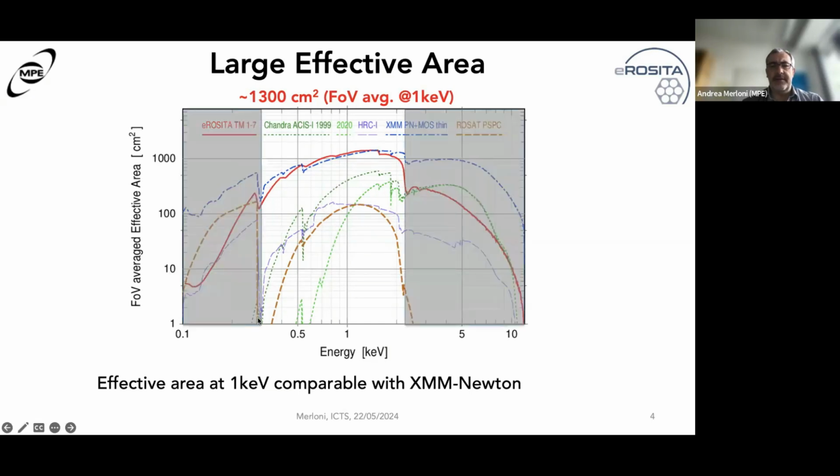The energy range between about 0.3 keV and 2.3 keV, where we have an absorption edge, is the region of our maximal effective area. And in this range, the effective area is comparable with XMM-Newton, as I mentioned before.